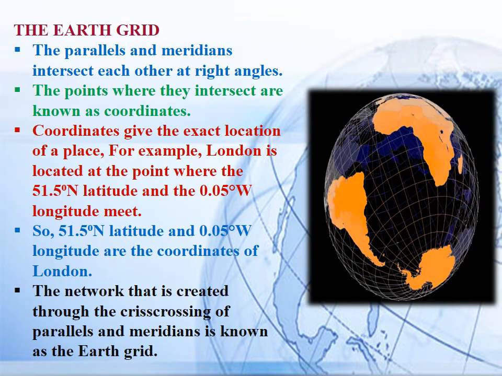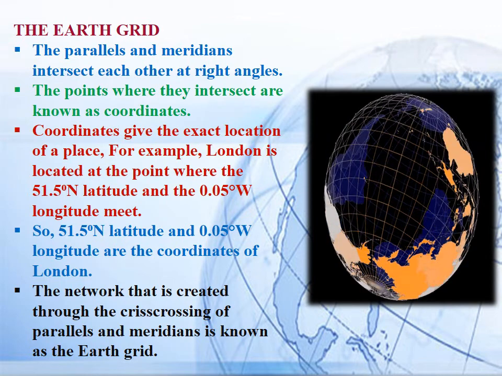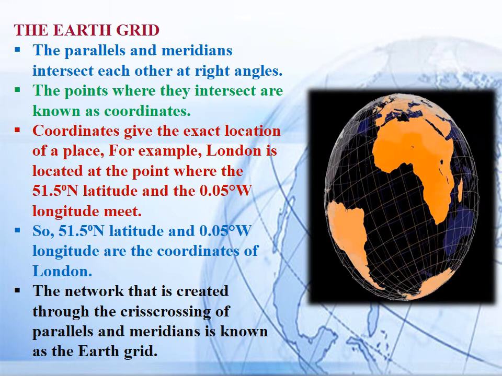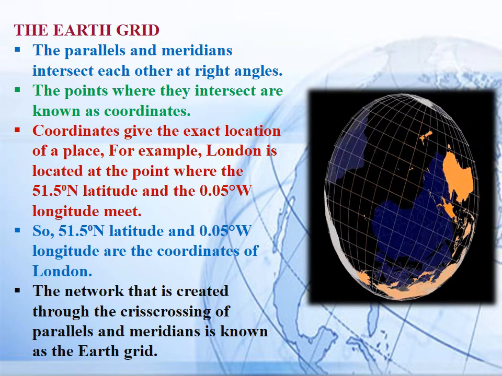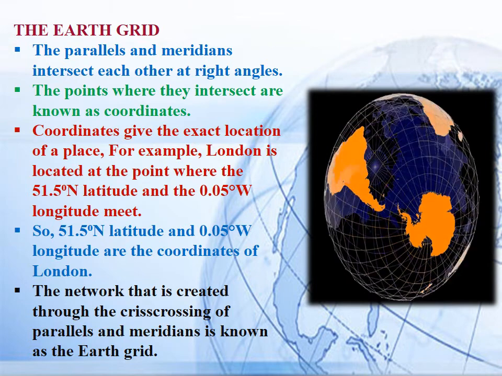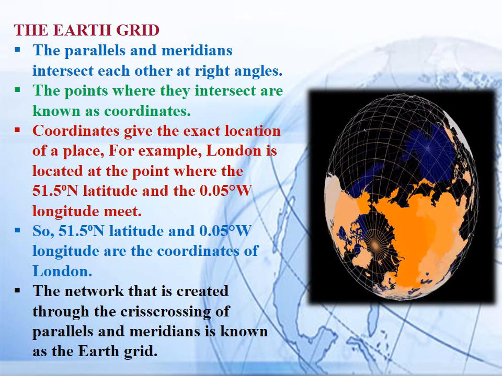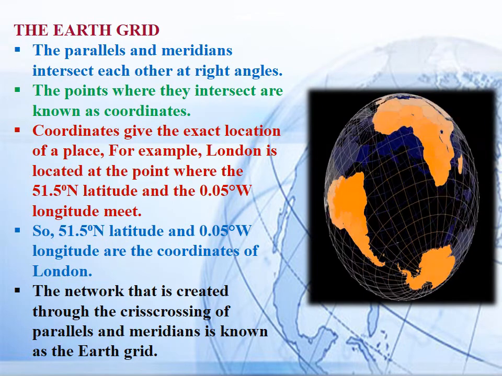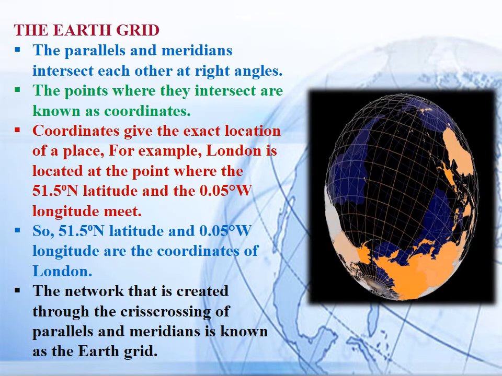What is the earth grid? The parallels and meridians intersect each other at right angles. The points where they intersect are known as coordinates. Coordinates give the exact location of a place. For example, London is located at the point where the 51.5-degree north latitude and the 0.05-degree west longitude meet.